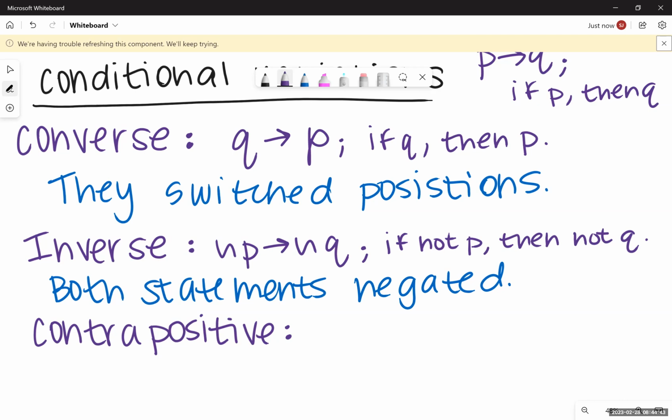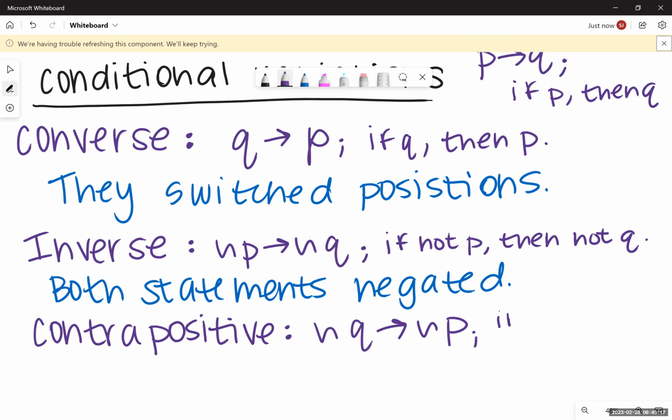So contrapositive is the most complicated or difficult word to say out of all of these, and so you do the most complicated steps to it. You're actually going to do both. You're going to negate them and you're going to swap them. Okay, so it's going to be not Q, then not P. If not Q, then not P. Most complicated word deserves the most complicated work.